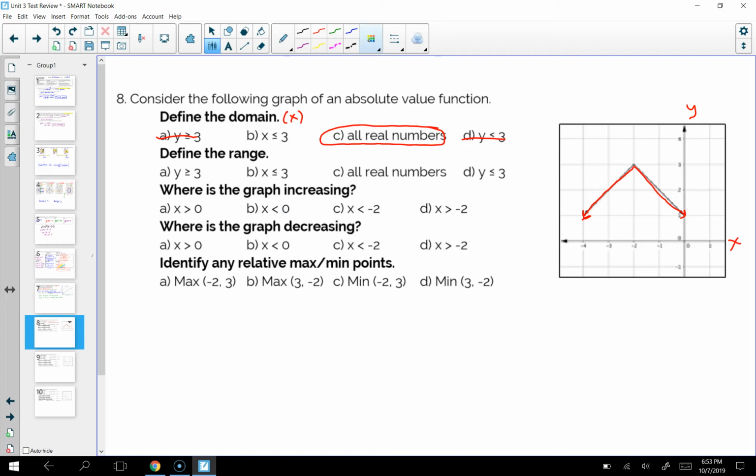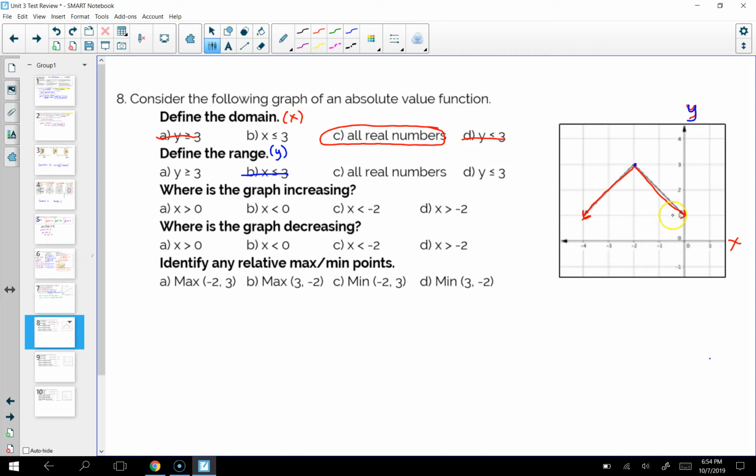My next one wants me to define the range. My range are my y's this time, so that one's out. My options are y's bigger than 3, all the y's, or y's less than 3. Look at this peak right here. This is where my graph is stopping.